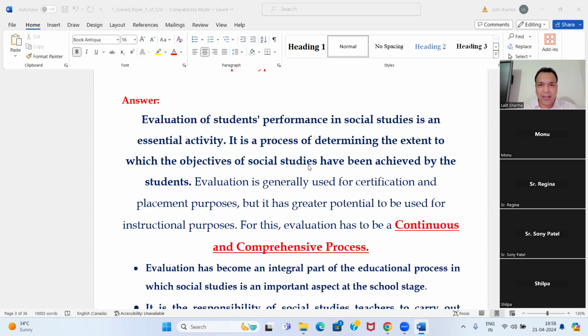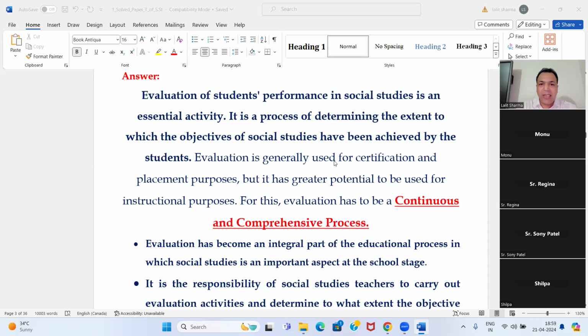Okay. So I always say that a student is never ever weak on this planet. Right? Student कभी भी weak नहीं होता. Always remember. Right? So ये देखिए आगे, evaluation is generally used for certification and placement purposes, but it has great potential to be used for instructional purposes.